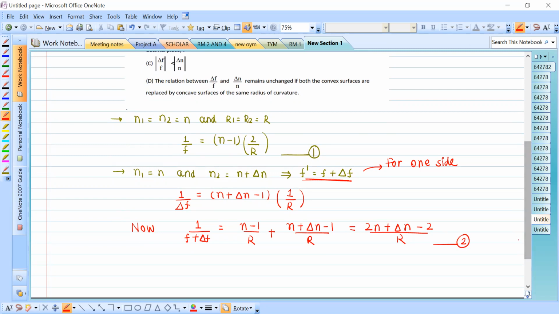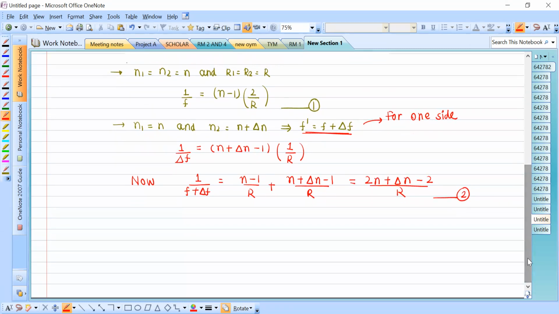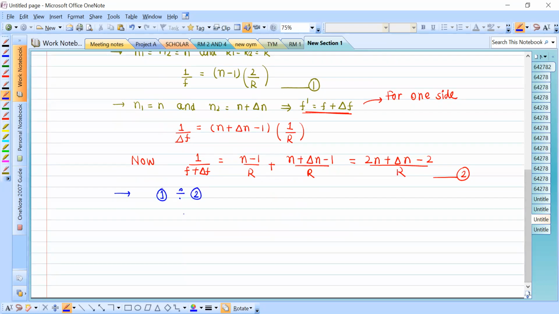Now we have equations 1 and 2, so we are going to take a ratio, 1 divided by 2. As we take 1 divided by 2, this f plus delta f goes to the numerator and this f comes to the denominator.